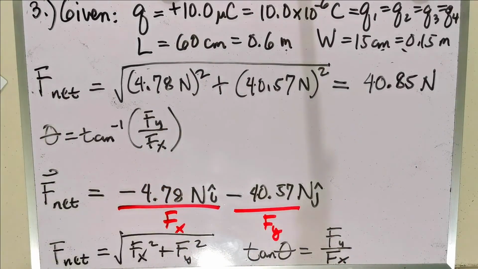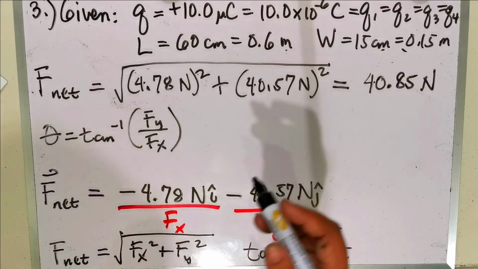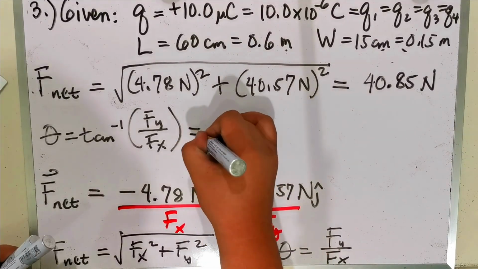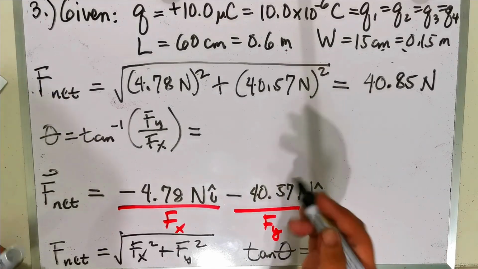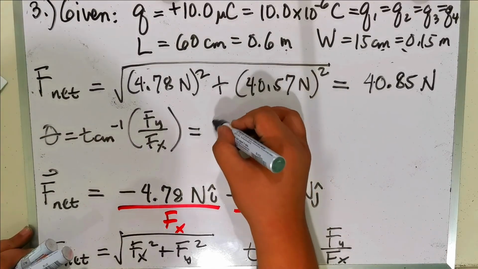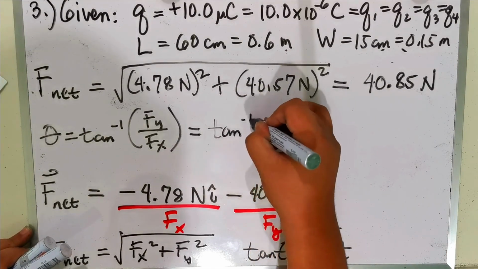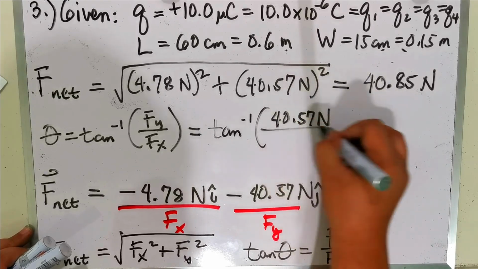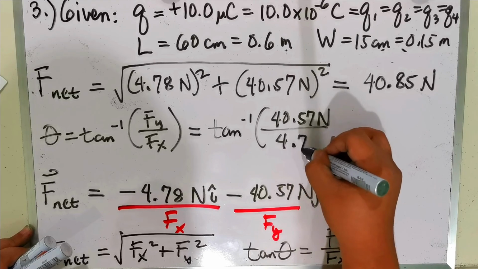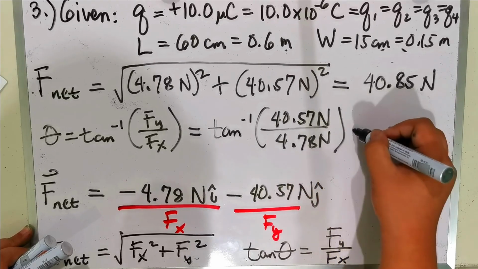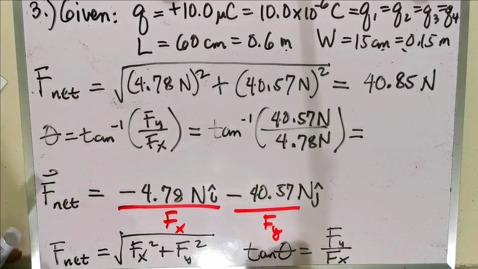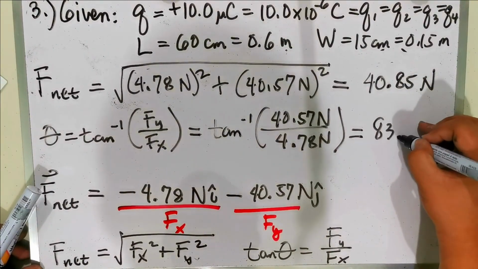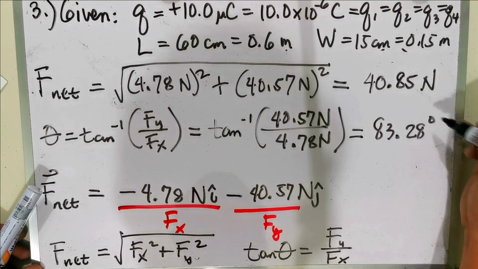We can remove the negative sign to determine the exact angle. So this is now tangent inverse of 40.57 Newton over 4.78 Newton, and this gives us an answer of 83.28 degrees.